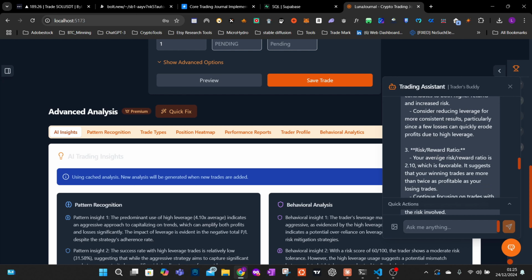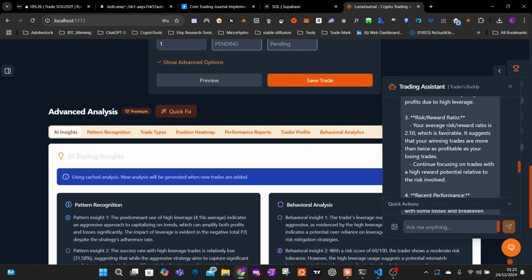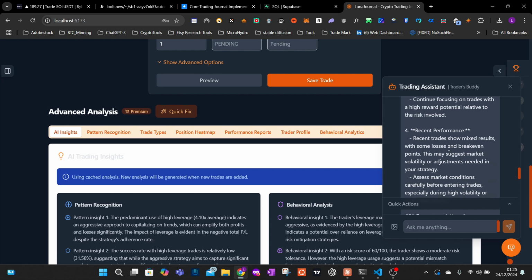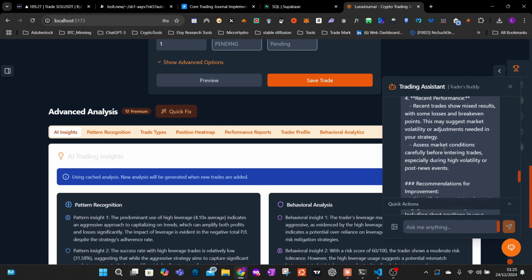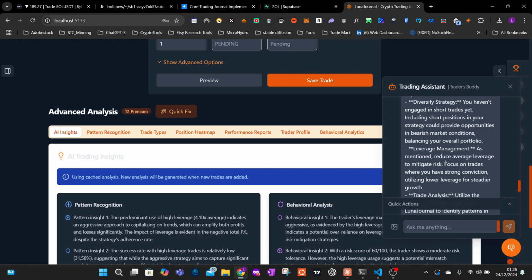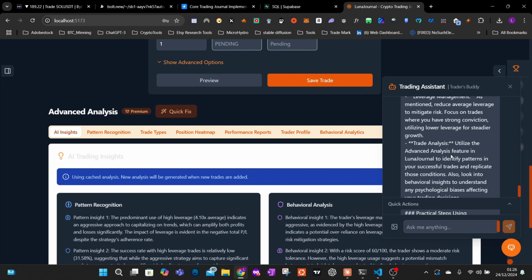It gives you some idea of your risk to reward ratio, some more information, and some recommendations for improvement. So, speaking about the lack of short trades, leverage management.